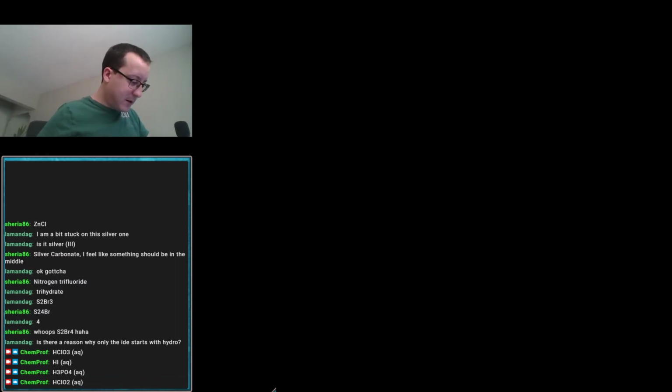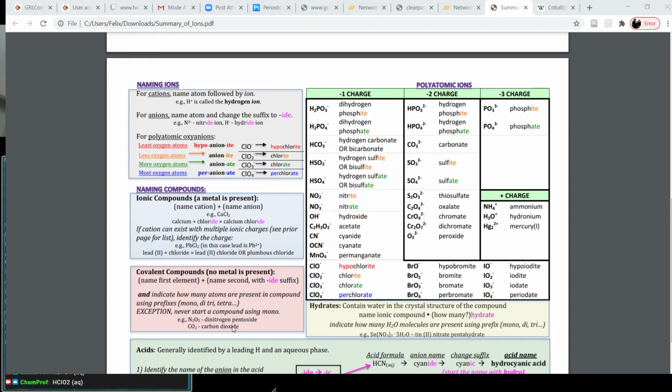Okay, so restarting tablet usually fixes all my problems. But we'll see. Okay, so go ahead and do those. And for now, what I'll do is I will put up our polyatomic chart, so now we can see it easily.